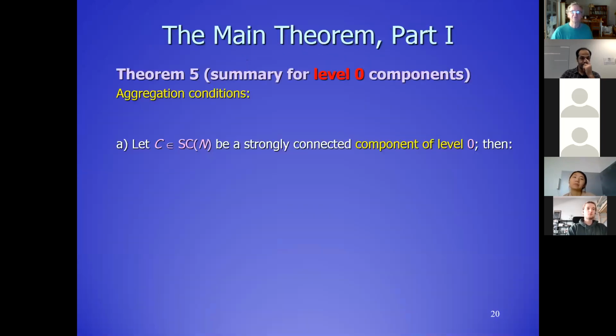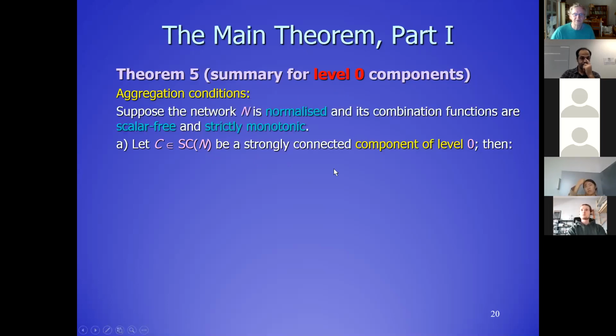So this first part of the main theorem considers the level 0 components. But remember, the level 0 components are not influenced by any other components, so they are just on their own. Therefore, they look a little bit like what we talked about yesterday, the strongly connected networks.